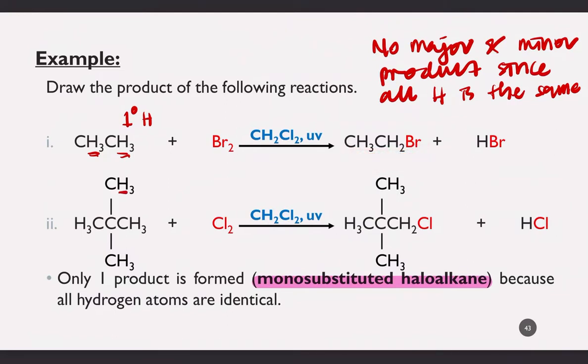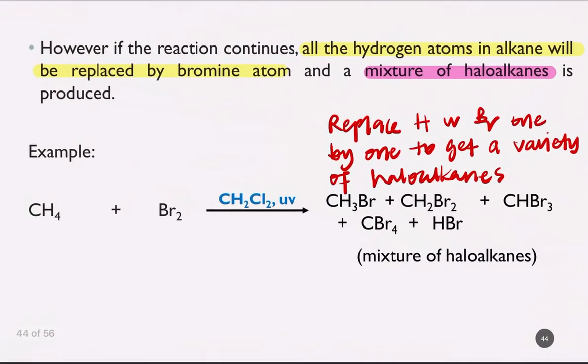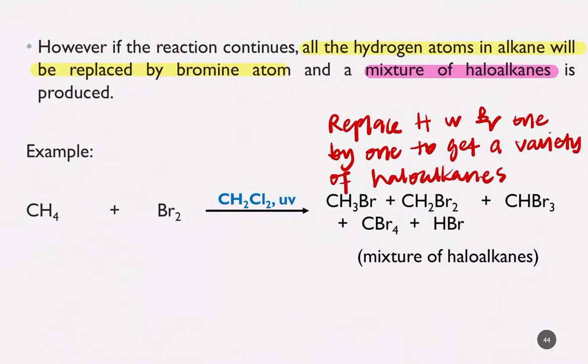Okay, so macam ni pun all this hydrogen kalau awak tengok they are the same primary hydrogen, so you will form one product that is a monosubstituted haloalkane. Okay, alright, so awak tak ada major nor minor product since all of the hydrogen is the same. Okay, bila kita boleh dapat major and minor product? Okay, kita tengok lepas ni, okay, bukan yang ni lagi.